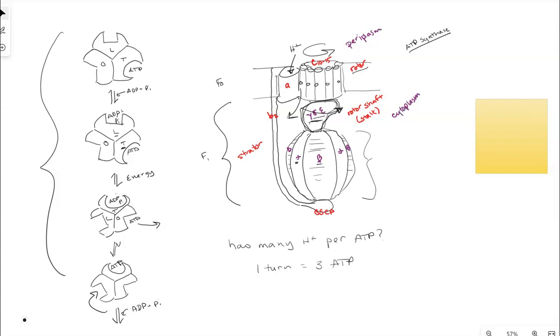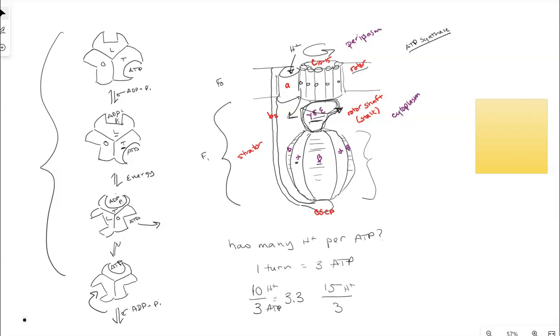If we have 10 protons in, because each single proton must interact with a C-ring to cause a ratcheting effect, then we get 3.3 protons per ATP.